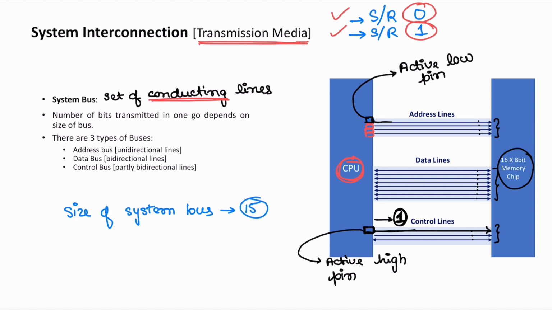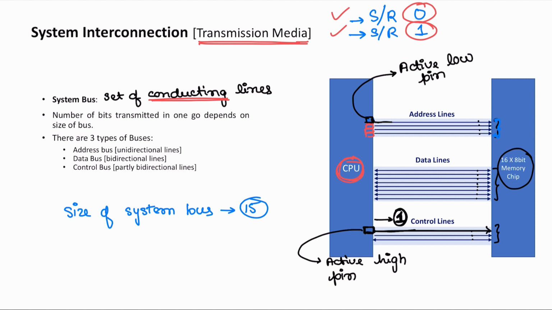Because it can send or receive 15 bits of information in one go. Again, it actually depends on the lines, but for now let's suppose the size of the system bus is combinedly 15.